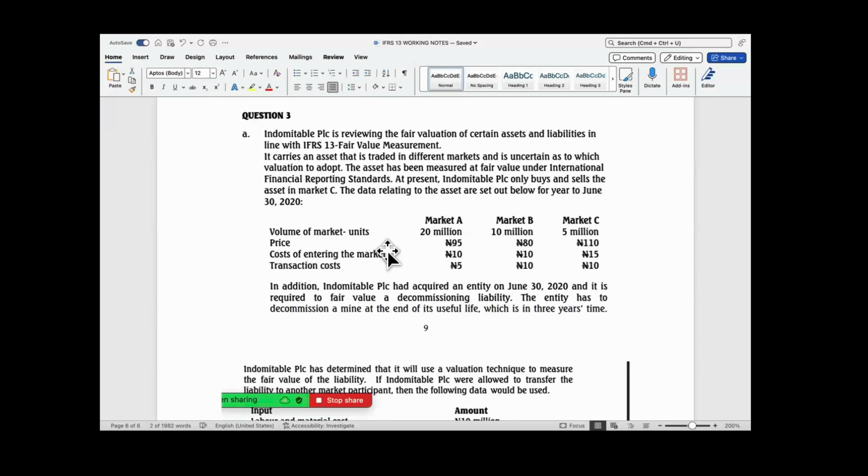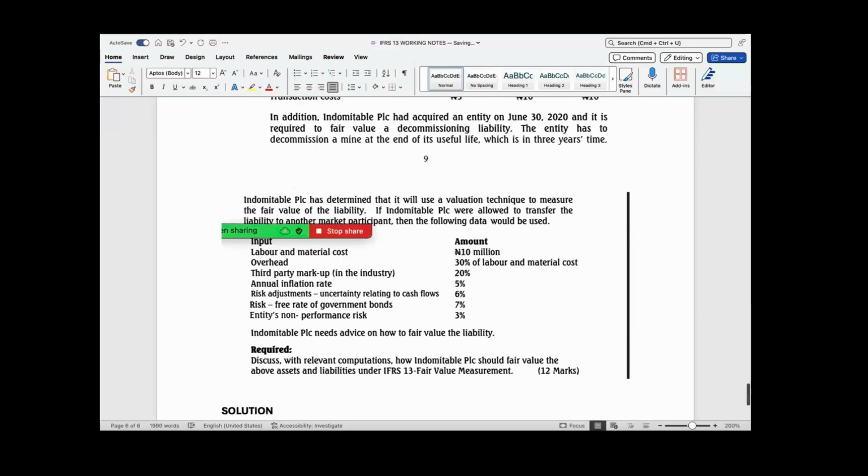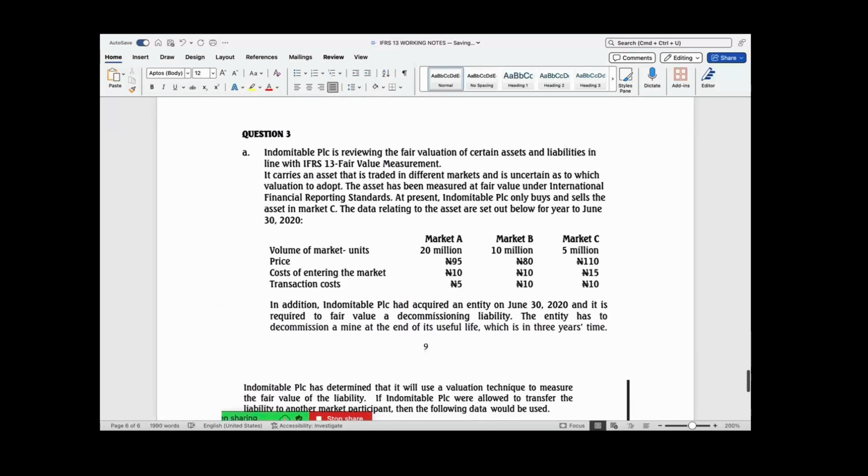So here, what will fly is the discussions around getting fair value in the principal market. So since they have given me markets, right? And again, I will then go ahead and say that from the question, the principal market is market. Which market is that? That's market A.